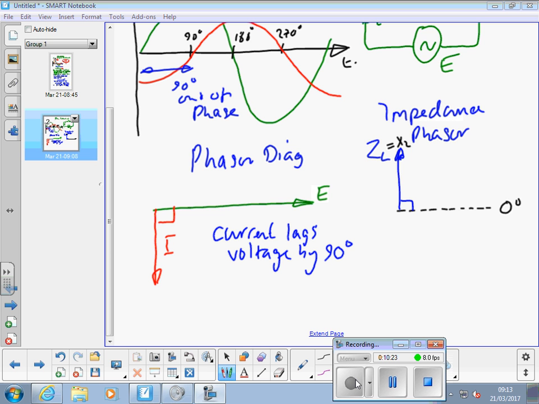Or equally pi over 2 radians if we had done our angles in radians.